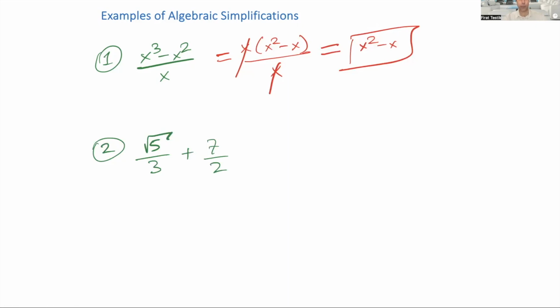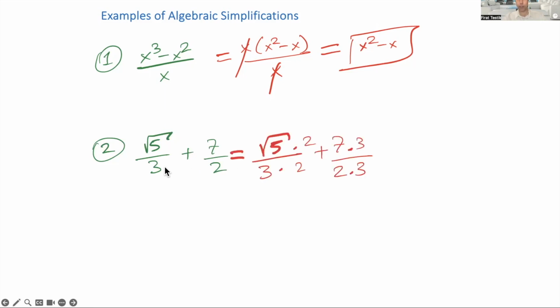As the second example, consider that we have square root of 5 divided by 3, plus 7 over 2. Then we can combine these terms into a single term. Here we have different denominators, so we need to form a common denominator, meaning that we need to multiply the first term by 2 and the second term by 3, as you can see here on the right-hand side.